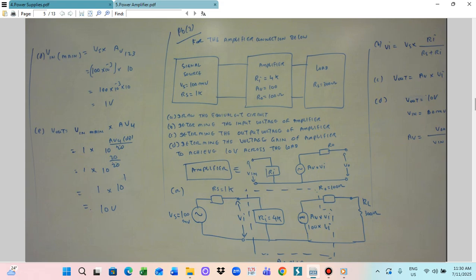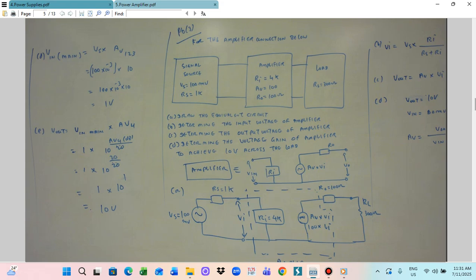The input resistance RI is 4 kilo ohm. The dependent source is AV into VI.